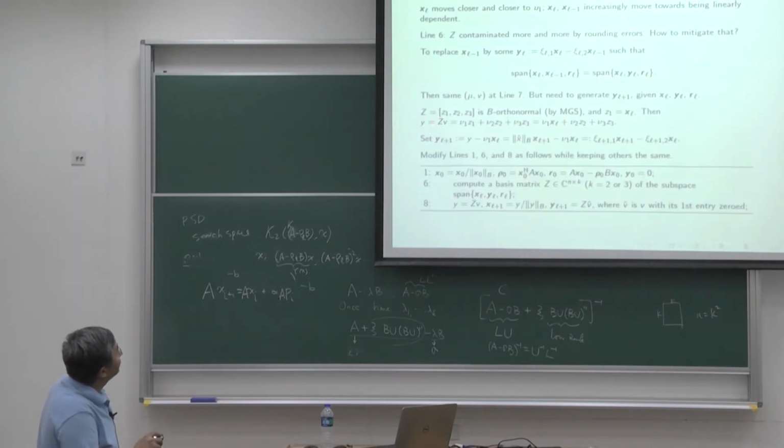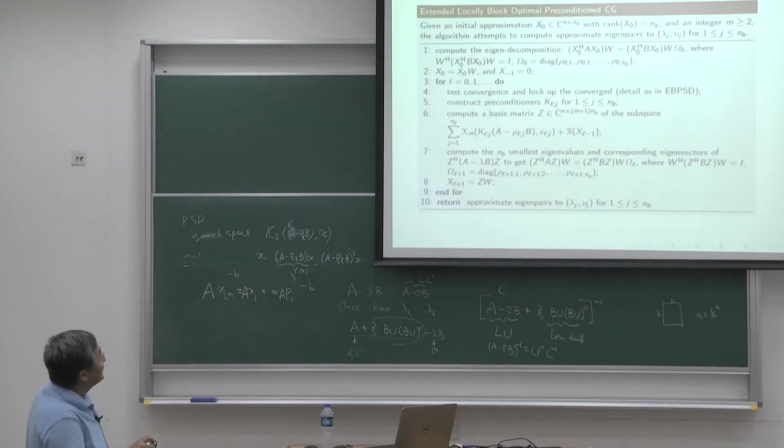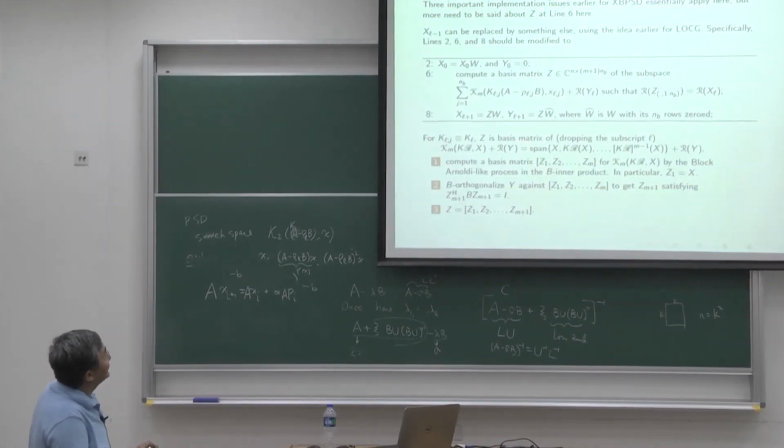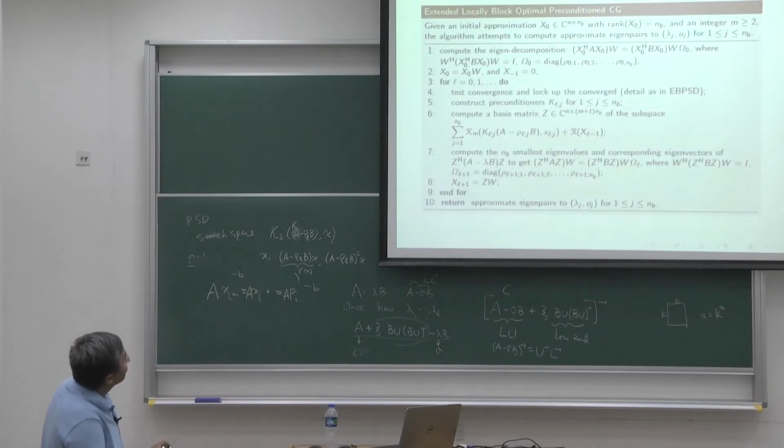We don't want to put XL minus 1 there, but just compute the difference with XL minus 1. So the same thing, implementation-wise, you have that. So YL. Then you look at what the difference is. Same as before, the next approximation was Z times W. W is the eigenvector, and W is right here.